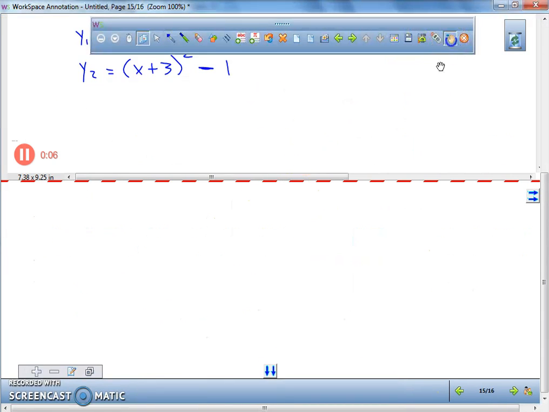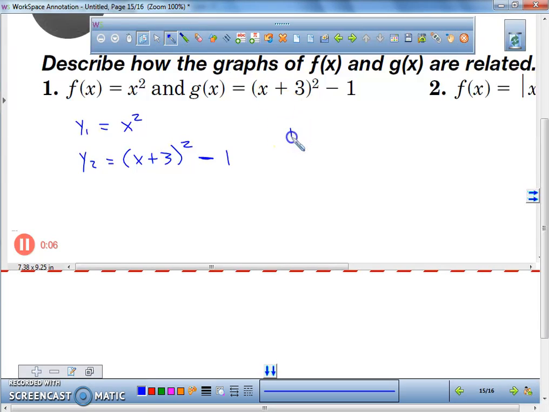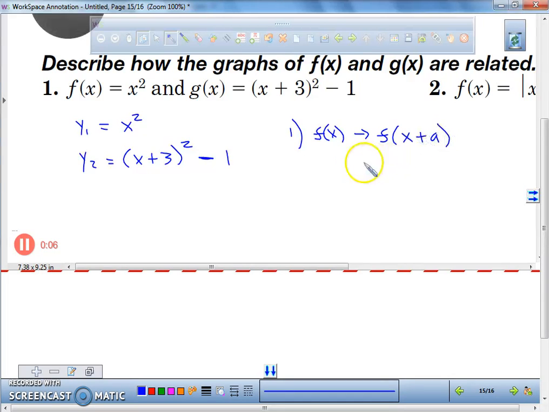There are 2 rules happening. One of the rules is this. We went from f of x, and it became f of x plus a. This rule deals with what's called a horizontal translation. We're dealing with something that's horizontally being translated.